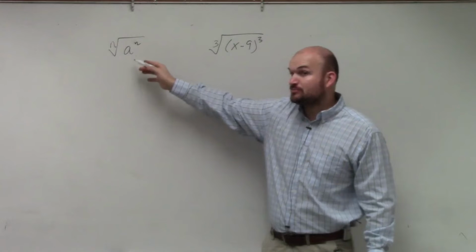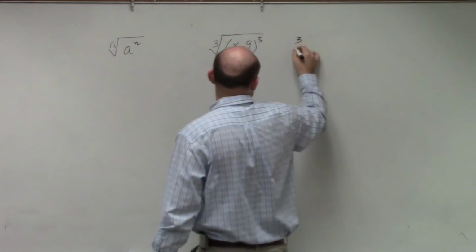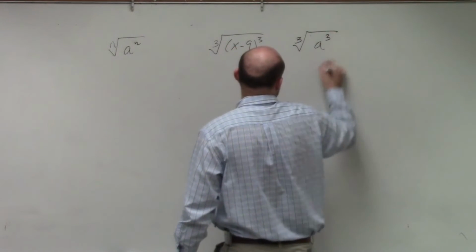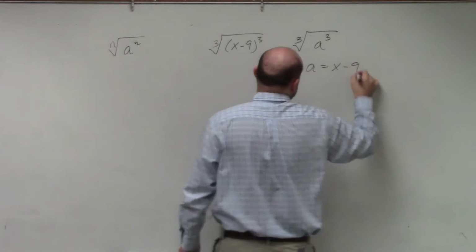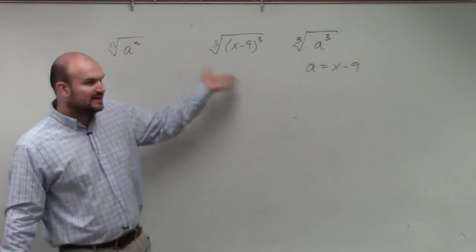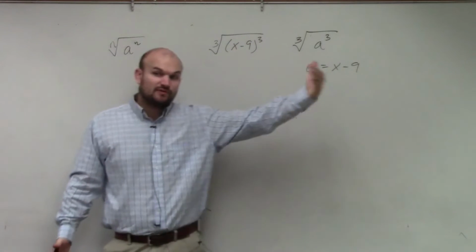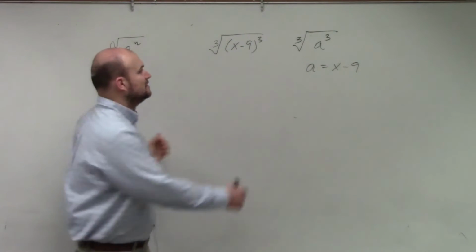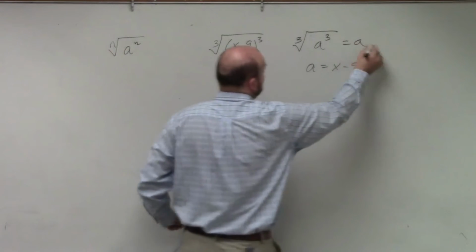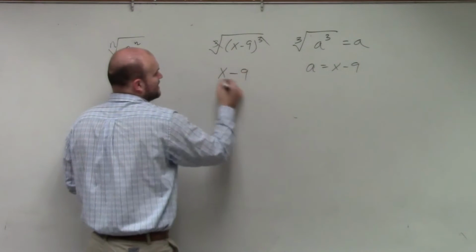So do you guys see how this is really the cube root of a cubed, where a is equal to x minus 9? So therefore, we can still do this. It's just an expression raised to a power rather than a number or a variable like we did in our examples. So by following the identity element, we just have x minus 9.